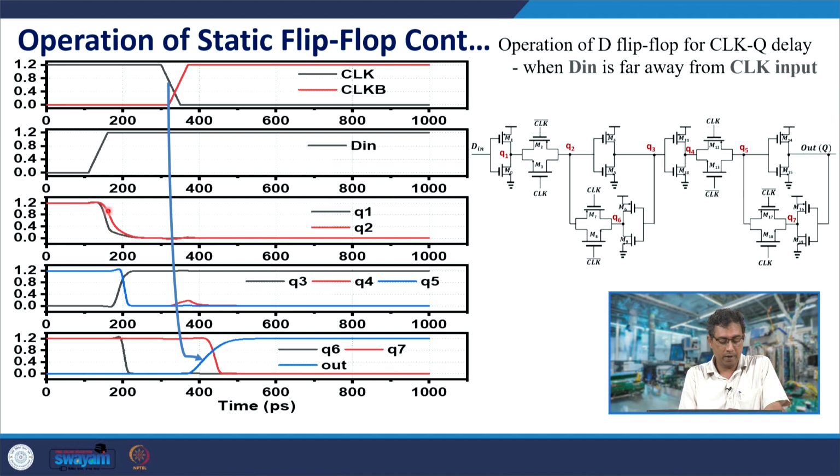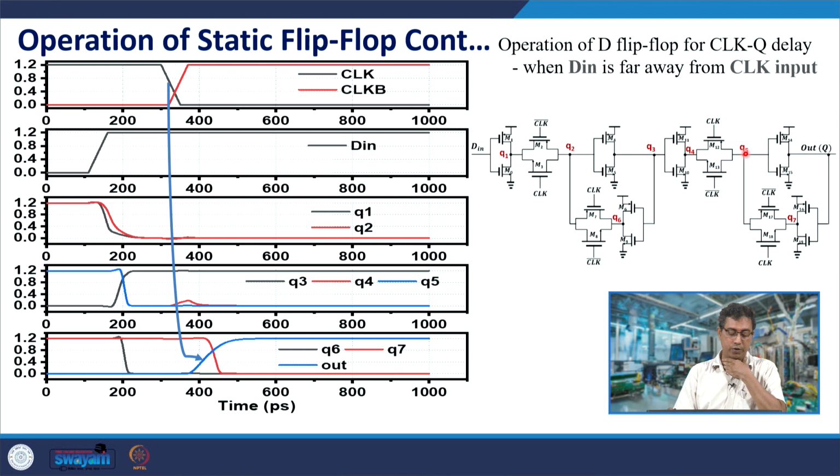This is Q1 with some delay, Q2 is also available, and then this is Q3. Q3, the inverted version of Q2, is also available before this clock switching takes place. After the clock switching, this transmission gate is on and therefore Q5 is available after the clock turns low.